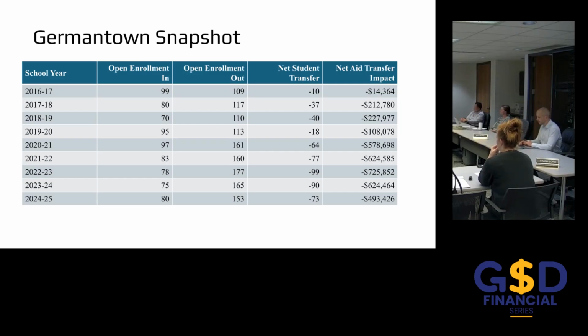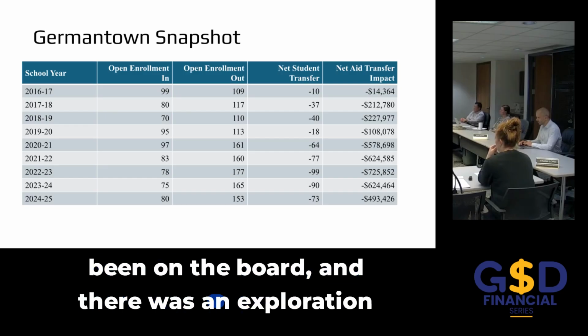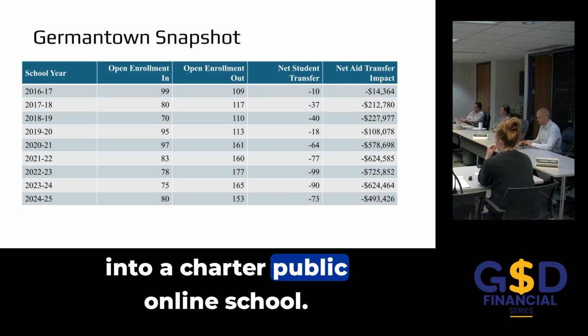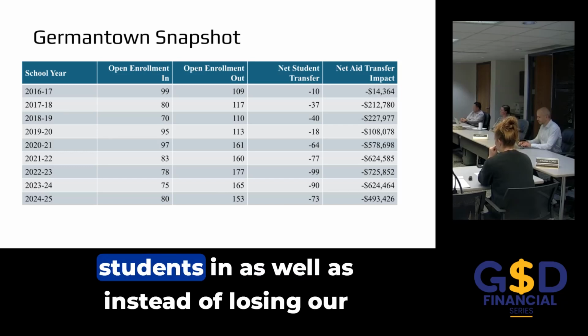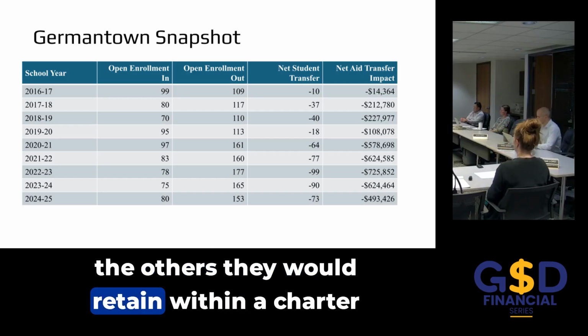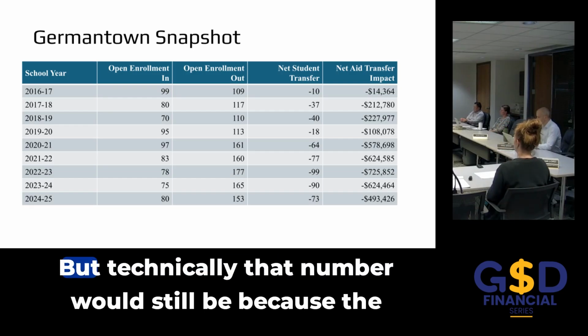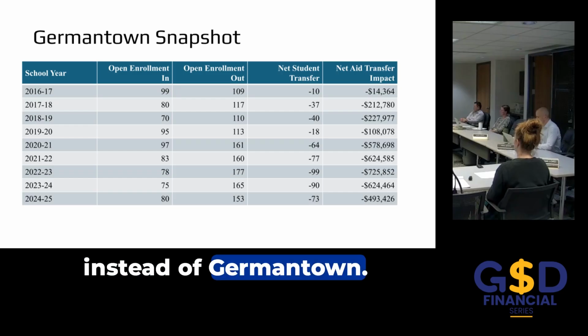In 2020, you two would have been on the board, and there was an exploration into a charter public online school. Part of the thought was that they could attract students in, and instead of losing our students out to the Waukesha school or one of the others, they would retain them within a charter school in our district. But technically, would they be enrolled in that instead of Germantown?